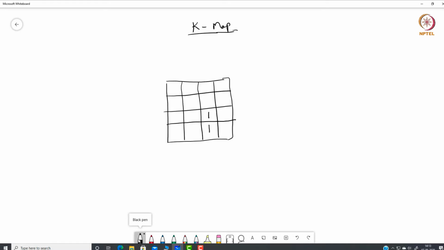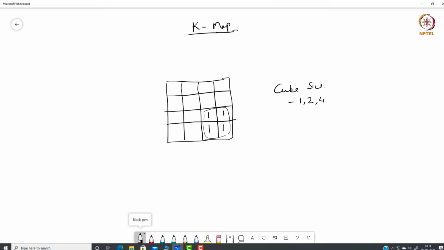A cube can be of size 1, which means the original min term, or two min terms can be combined to form a cube of 2, or 4 min terms can combine to form a cube of 4.